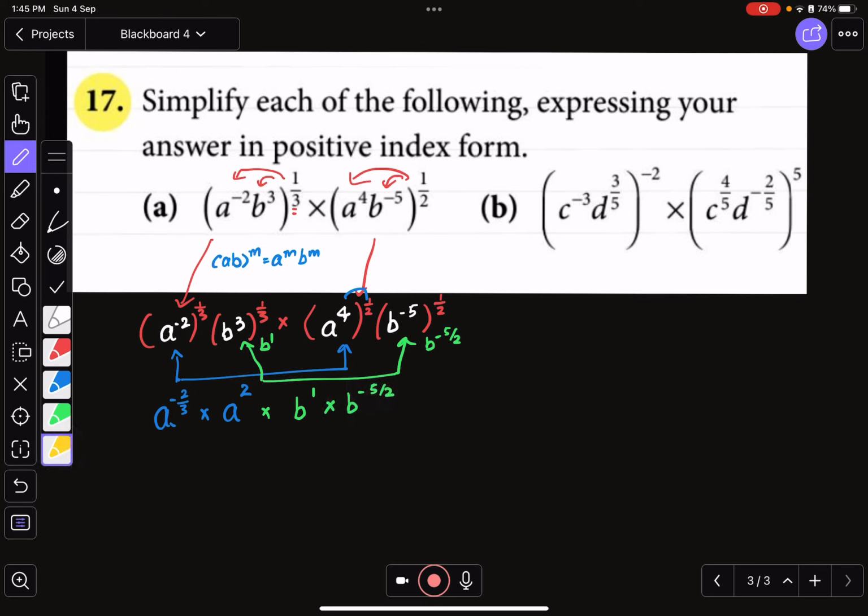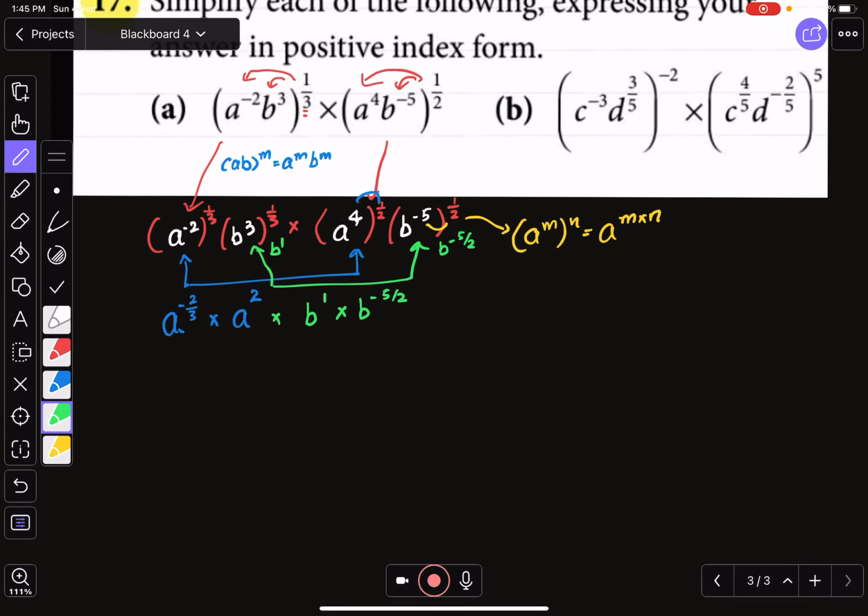Here, the law that I use is that a power m, bracket n, is the same as a power m times n. Now from this part, I use another law: when we have a power m times a power n, this is a power m plus n.